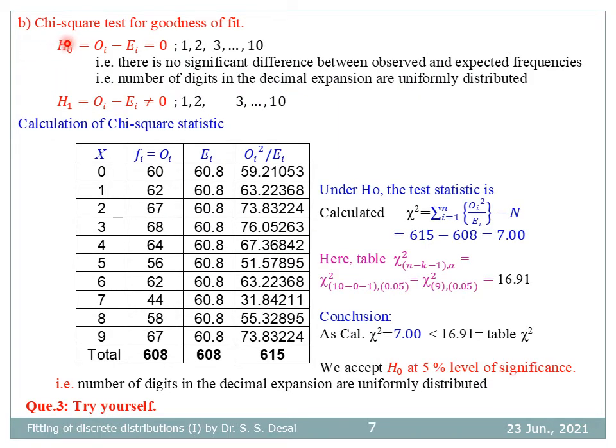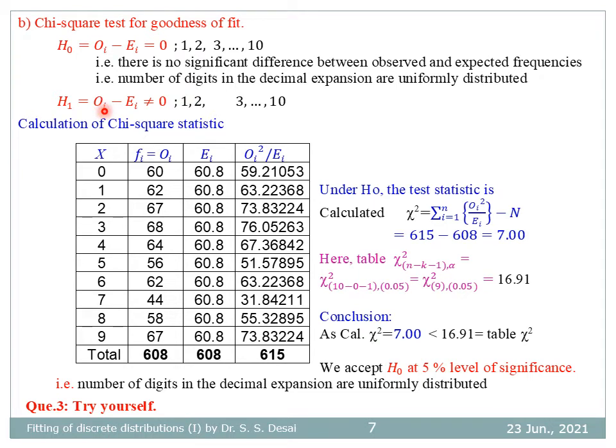Now the second part of the problem. So H0 here is Oi minus Ei equal to 0. That is, there is no significant difference between observed and expected frequencies. In the words of the given problem, the number of digits in the decimal expansion are uniformly distributed.